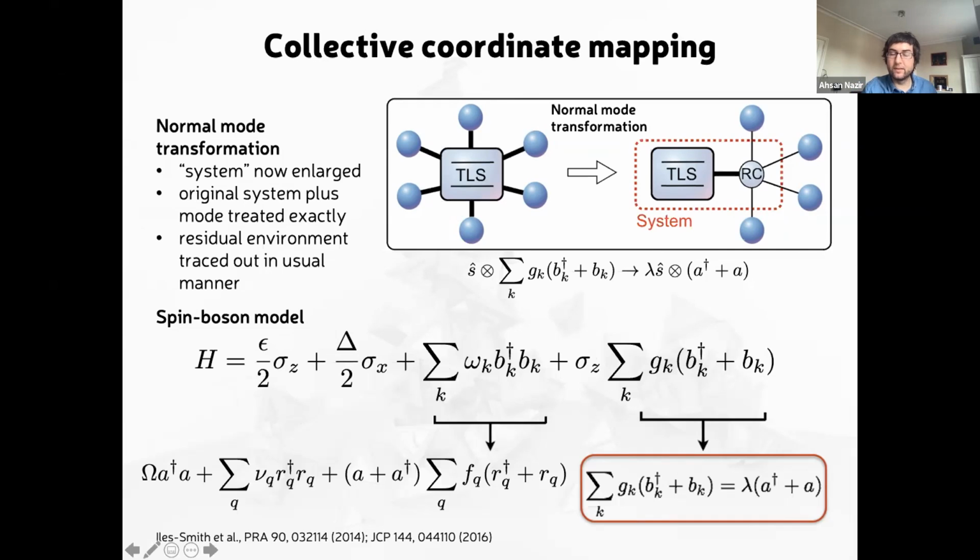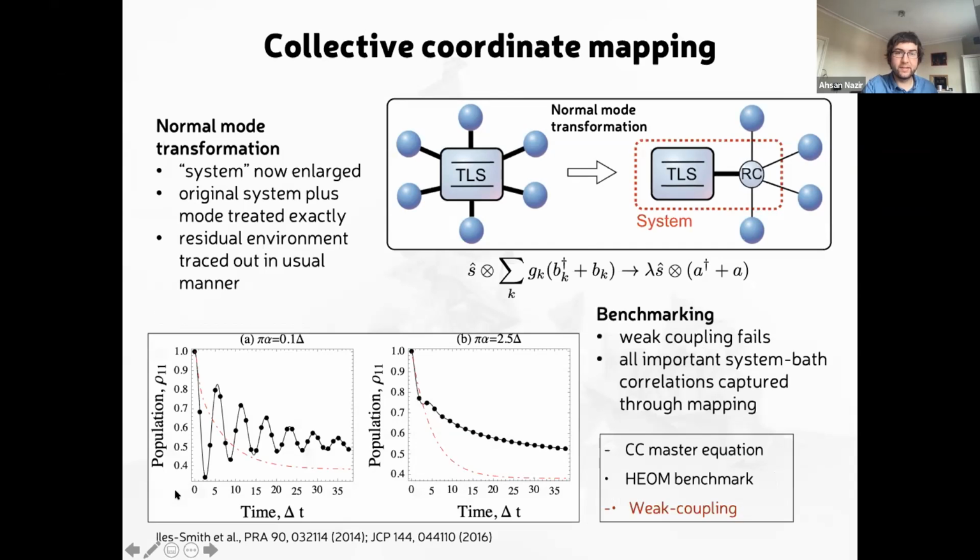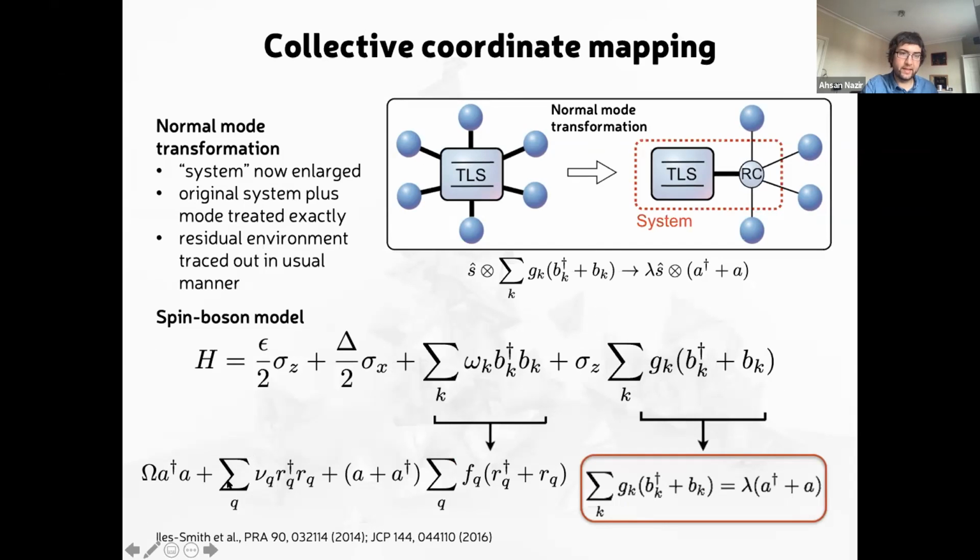So now we have a single oscillator that couples to the two-level system. The mapping does nothing to the system itself, so that's left unchanged, but the normal mode transformation will now map all the harmonic oscillator modes that were initially independent in the original representation, such that we now have a collective coordinate with its internal Hamiltonian, and then our residual bath, and then there's a linear coupling between the collective coordinate and all the modes of the residual environment.